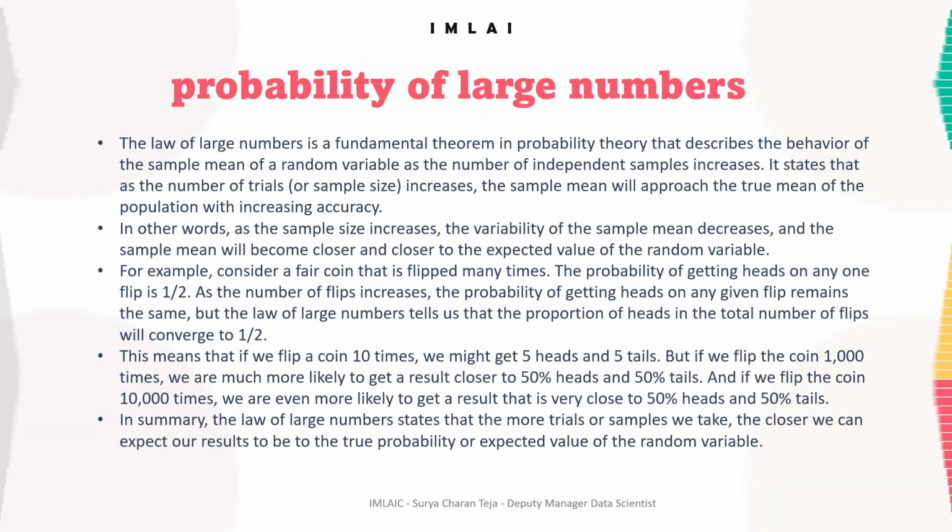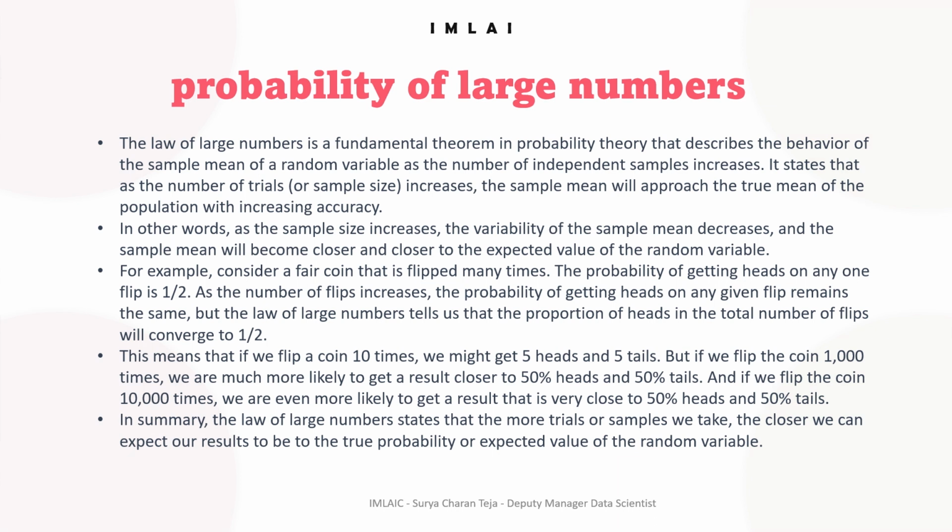It states that as the number of trials or sample size increases, the sample mean will approach the true mean of the population with increasing accuracy. So in other words, as the sample size increases, the variability of the sample mean decreases.